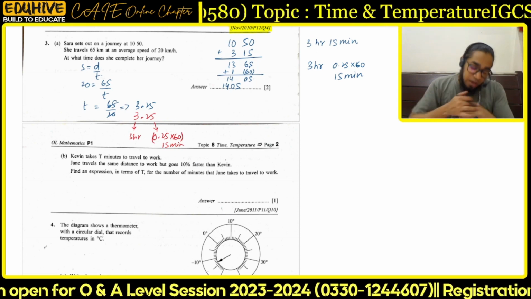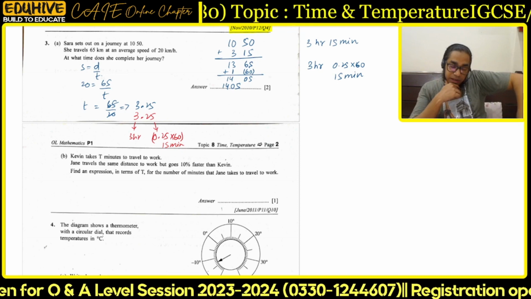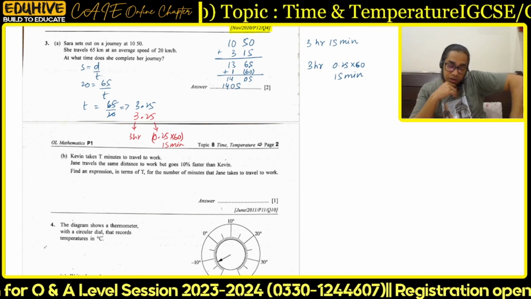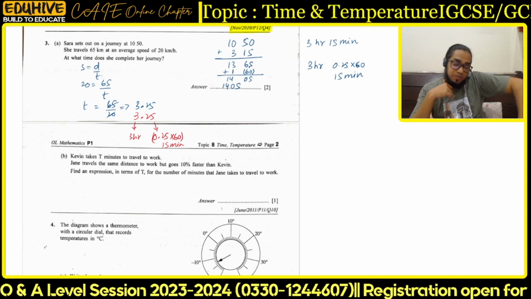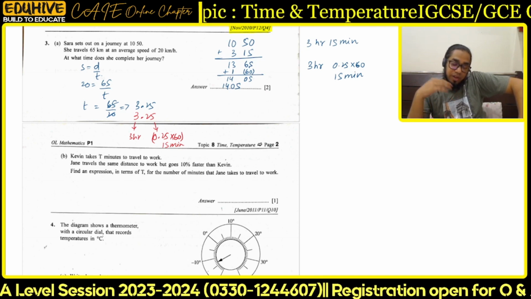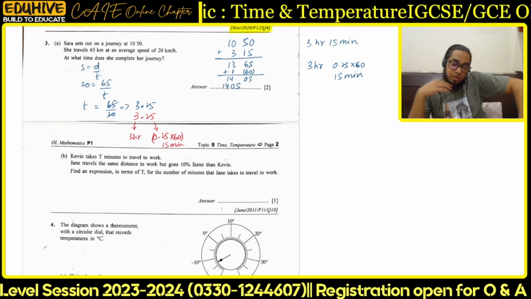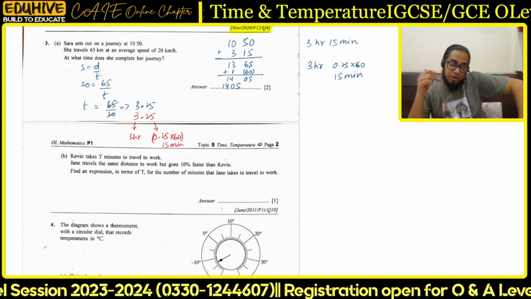Confused. Okay. Kevin takes t minutes to travel to work. Jane travels the same distance to work but goes 10% faster than Kevin. Find an expression in terms of t for the number of minutes that Jane takes to travel to work.